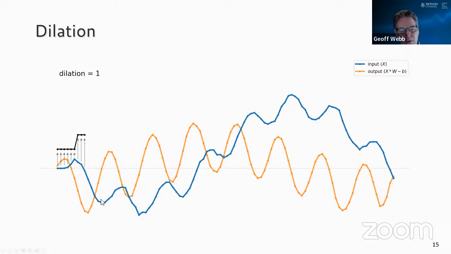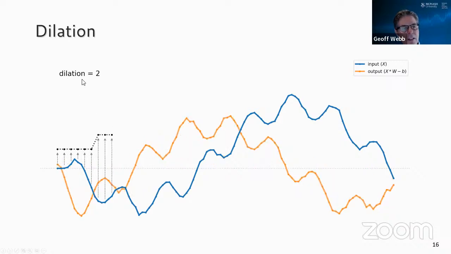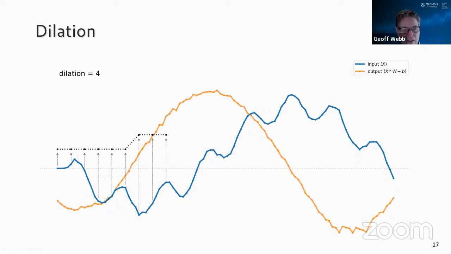We can see that when we apply it to this series, we get an assessment of very local gradients. This is a form of gradient filter. If we increase the dilation to 2, we get slightly less local effects. As we move to greater and greater dilations, we move from local effects to more global effects.